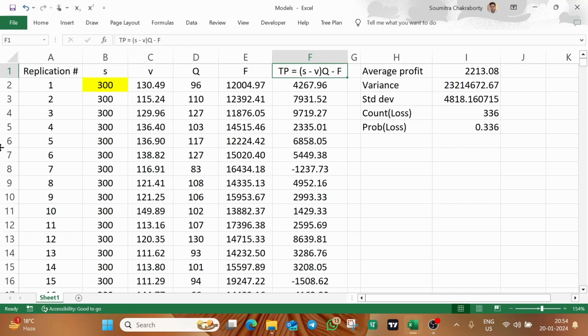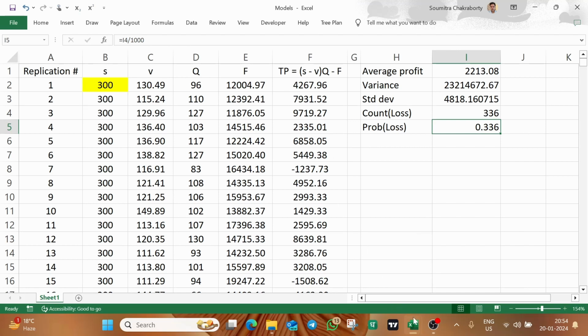And once these 1000 replications were calculated using these total profit values, we calculated the average profit, variance and standard deviation, and then the probability of loss. These were the questions to be answered, and we answered those questions using these replications.